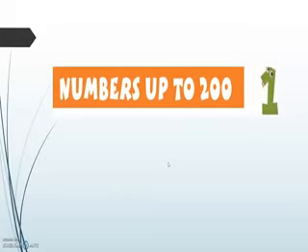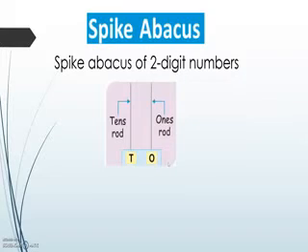Now we are going to learn the spike abacus, which means how to represent or show two-digit numbers in a spike abacus like this. This figure you are seeing now is a spike abacus of two-digit numbers.